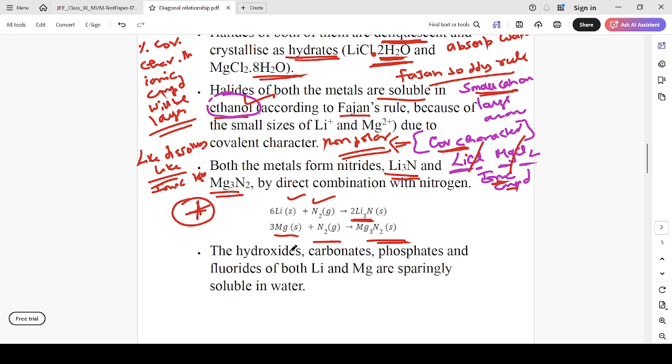Other than that, hydroxides, carbonates, phosphates and fluorides are sparingly soluble. Sparingly means they show mild solubility. Apart from halides, all the other compounds show mild solubility.